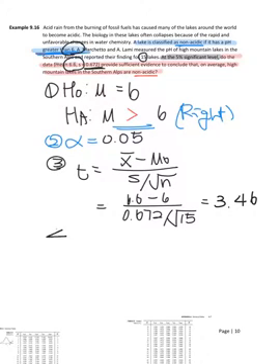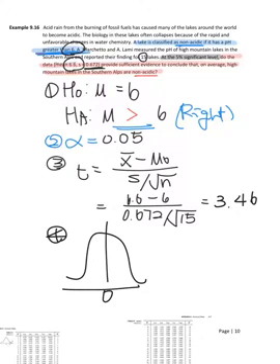Now we need a p-value from t. But t looks like the z, bell-shaped, symmetrical. 0. 3.46. And it was the right tail. So we need the right tail. So that is the p-value.